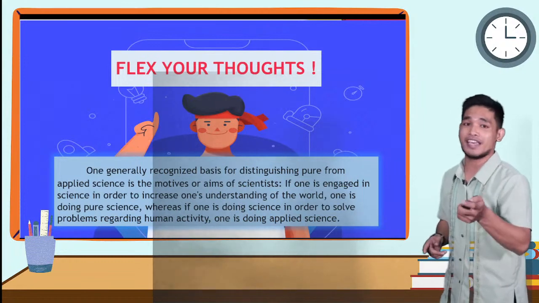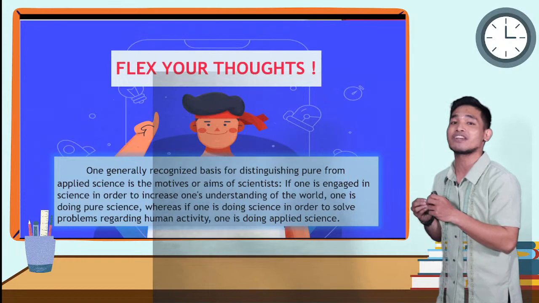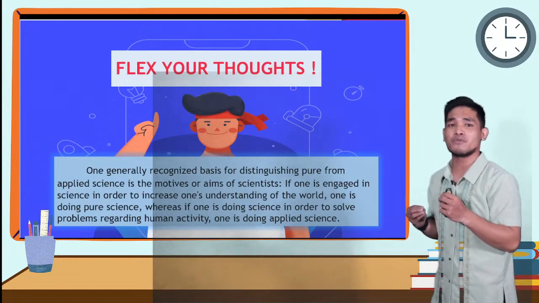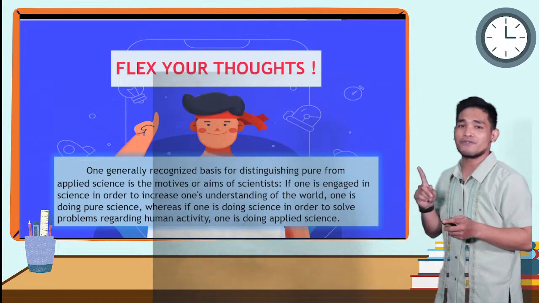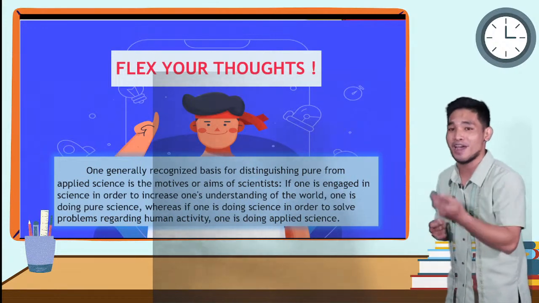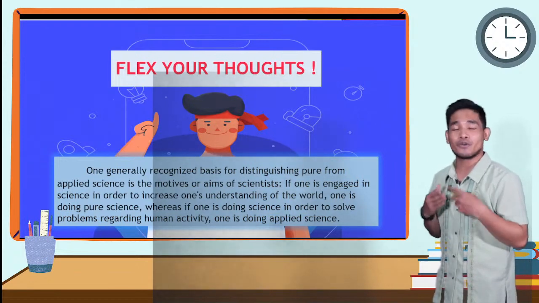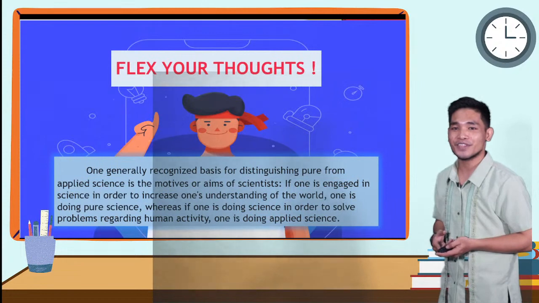Just like what you said a while ago, if one is engaged in social science in order to increase one's understanding of the world, one is doing pure science. But what if someone is doing science in order to solve problems? That is what we call applied social science. Clear? All right.